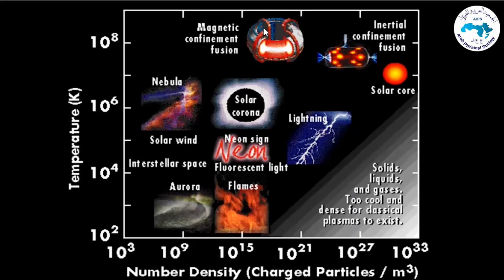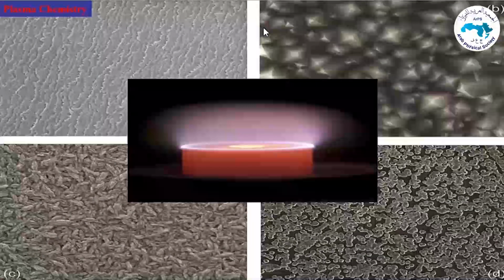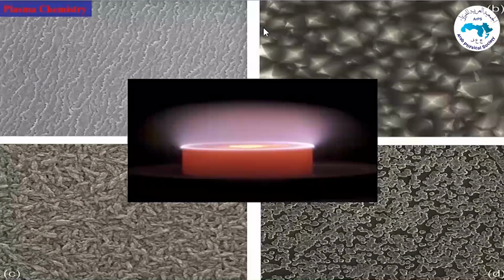Okay, so let me go a little bit about the applications of plasma physics. We're going to start with the small scales and go up to larger and larger scales. The first one is, of course, what we call plasma chemistry or plasma surface interaction. You can see here, these are the same material, but with different plasma properties.